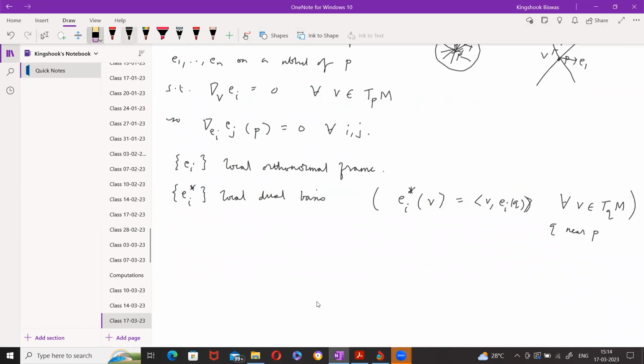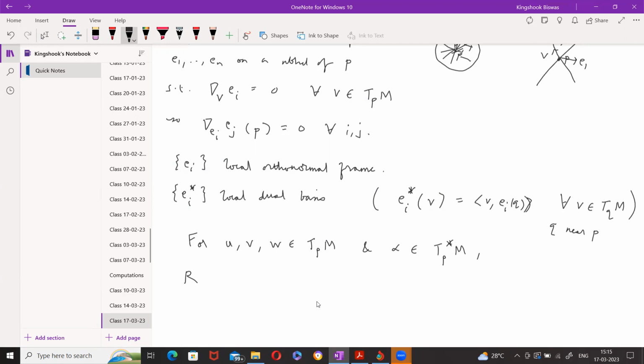For U, V, W in T_pM, three tangent vectors, and an alpha, which is a cotangent vector, I can look at the curvature of the cotangent bundle with respect to the connection on T star M induced from the Levi-Civita connection on TM.